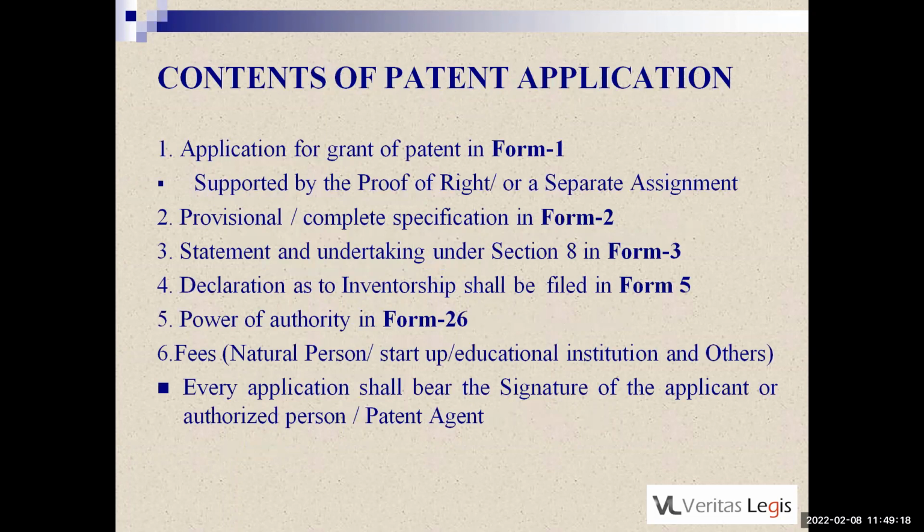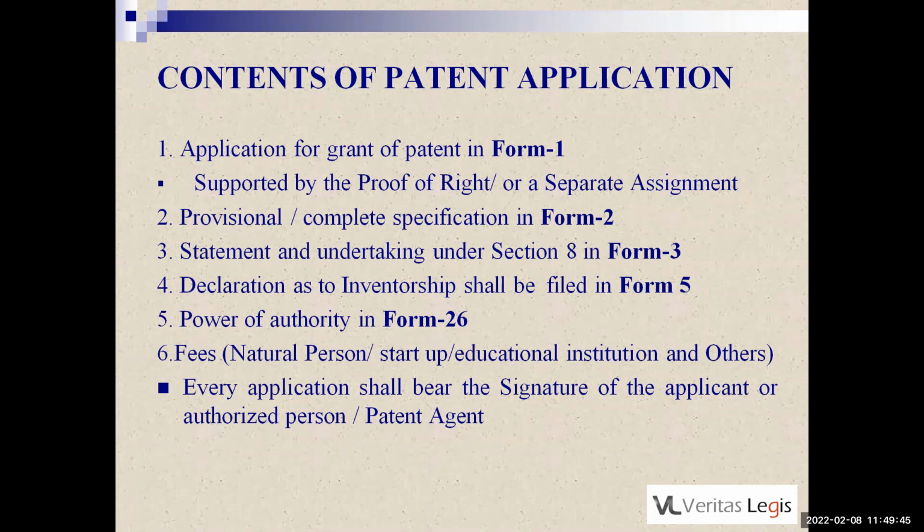Next, an application for a grant of patent is filed in Form 1. Form 1 is one form which covers details of the invention, who is the applicant, inventor details, title, everything. Next, it is supported with proof of right or separate assignment. Now, proof of right or assignment, what is it?